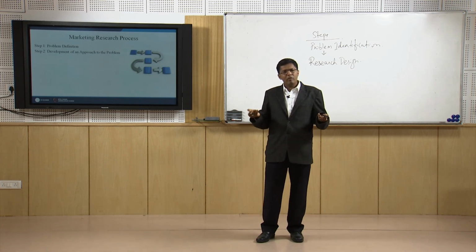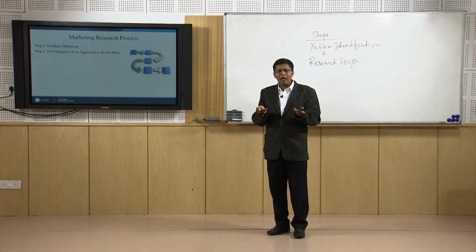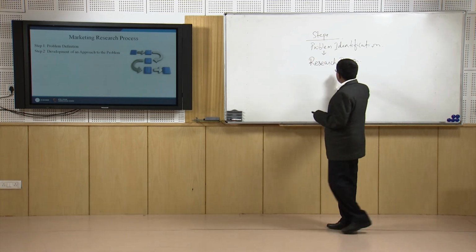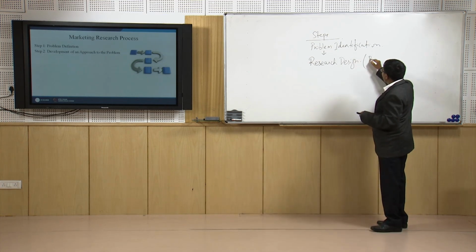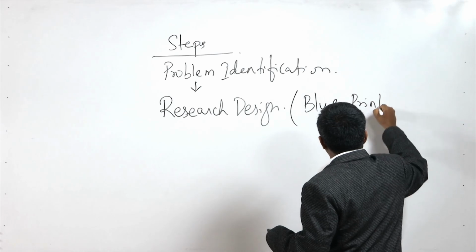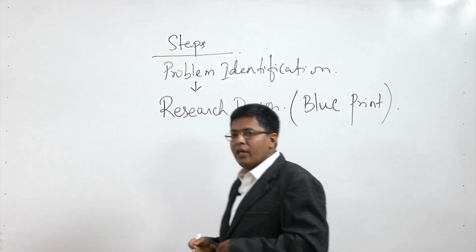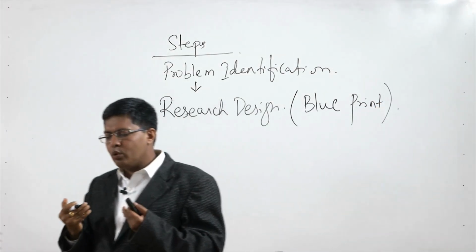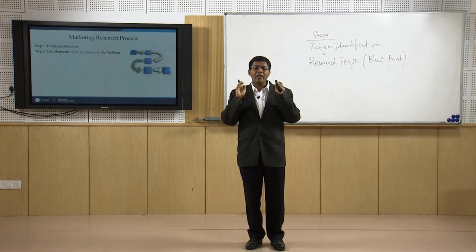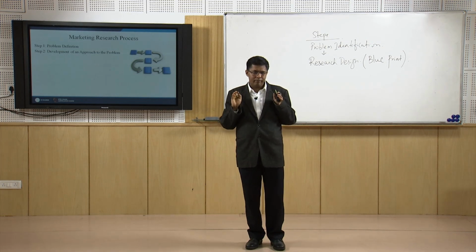Everybody would try to optimize resources and use the best possible way. So, research design is nothing but a blueprint, a map, a path, which helps you understand what the right approach is, the right way of doing a thing.